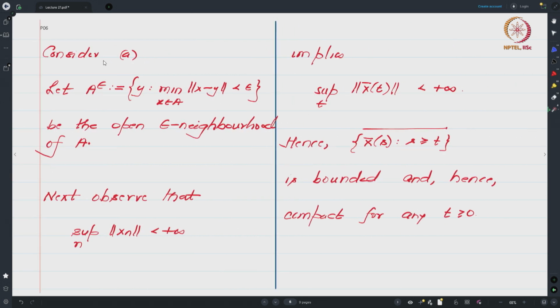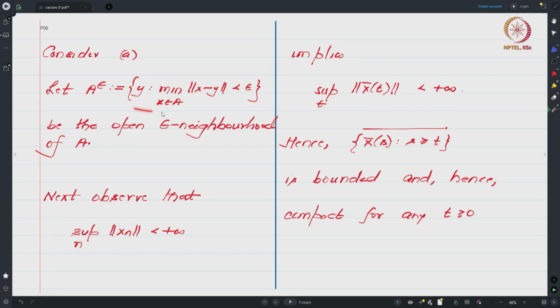So towards proving A, we are first going to introduce some set called A epsilon. So what is A epsilon? Well, A epsilon is the open epsilon neighborhood of A. Formally it is the collection of all y's whose distance to A is strictly less than epsilon.